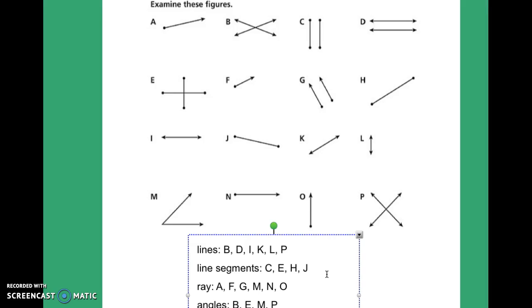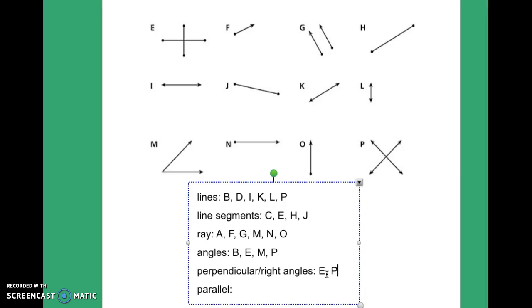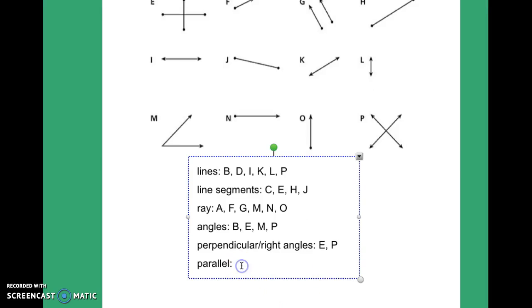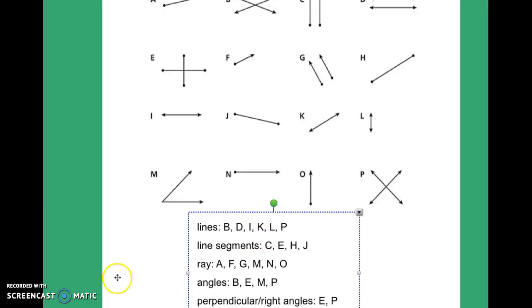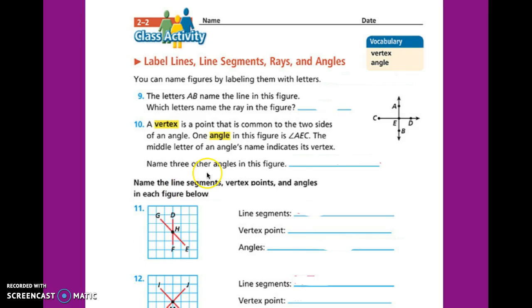All right, if you came up with C, D, and G, you are right on. So C, D, and G, then you found all of the parallel lines. Great work.